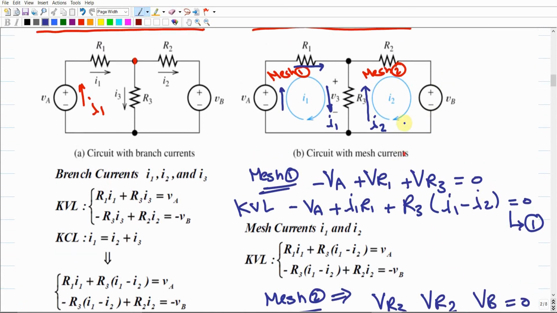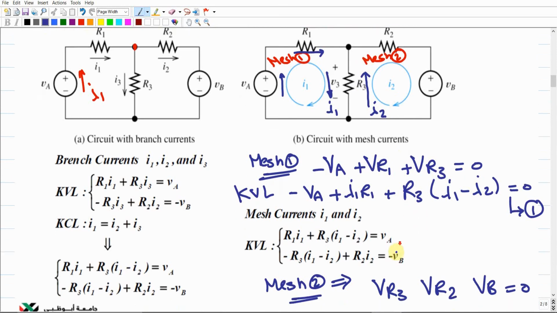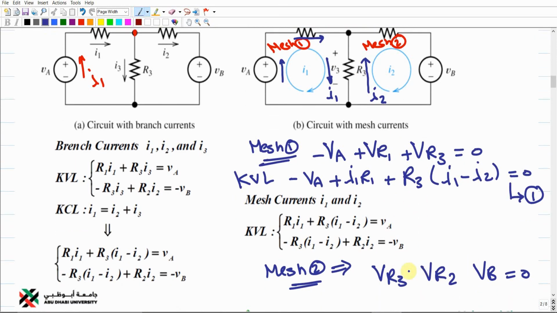Make sense? Again, for mesh 2, our main reference will be I2 itself. I2 is already going in this direction, so let us decide the signs of these different elements. VR3 should be positive, I'm sorry, because it is an output. VR2 should be positive, it is an output.